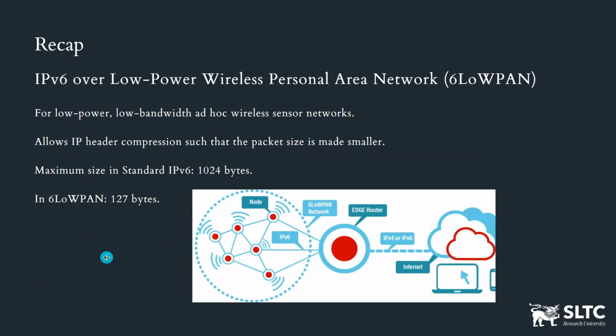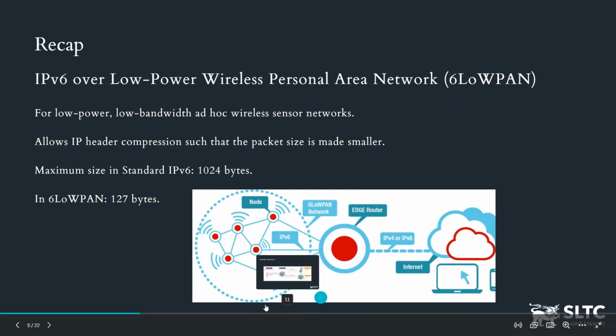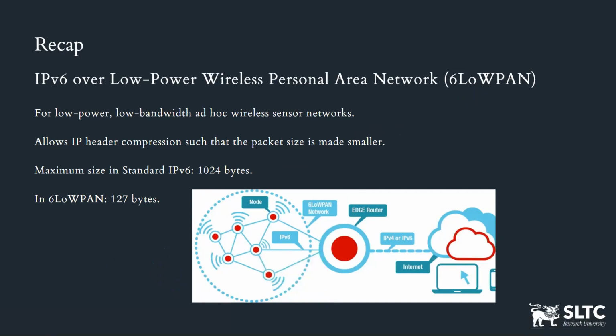So using IPv6, a standard is defined called 6LoWPAN. This I explained in the last class. This protocol is proposed for constrained environments. So basically, we are using IPv6 addressing to address the devices in the constrained environment.